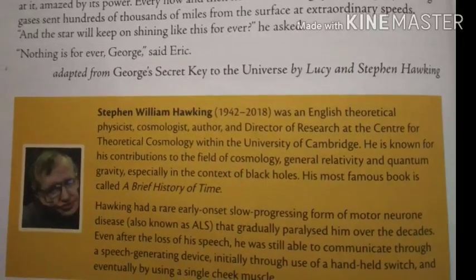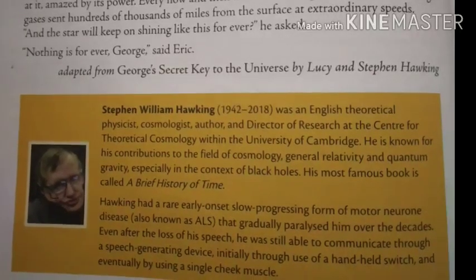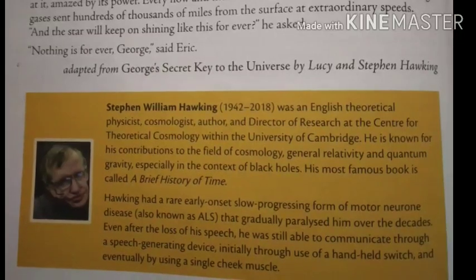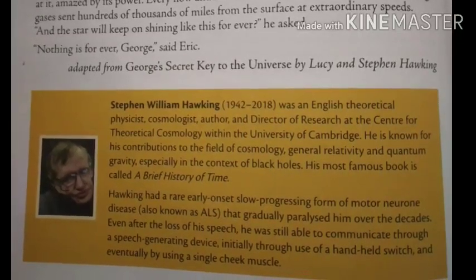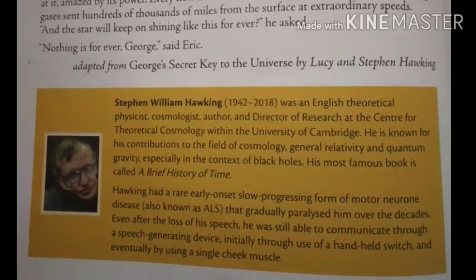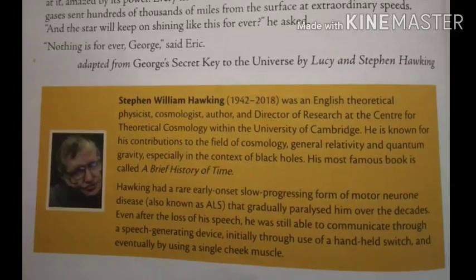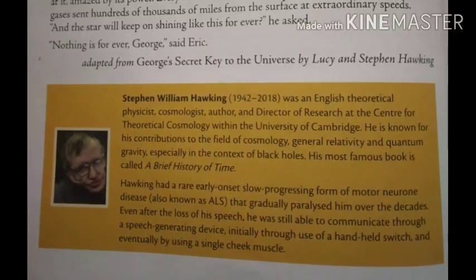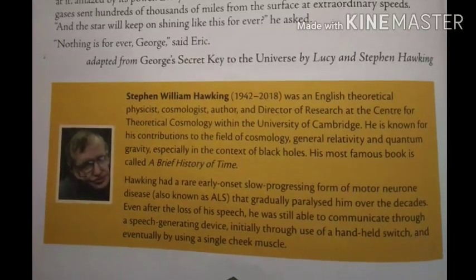Stephen William Hawking was an English theoretical physicist, cosmologist, author, and director of research at the Centre for Theoretical Cosmology within the University of Cambridge. He is known for his contributions to the field of cosmology, general relativity, and quantum gravity, especially in the context of black holes. His most famous book is called A Brief History of Time.